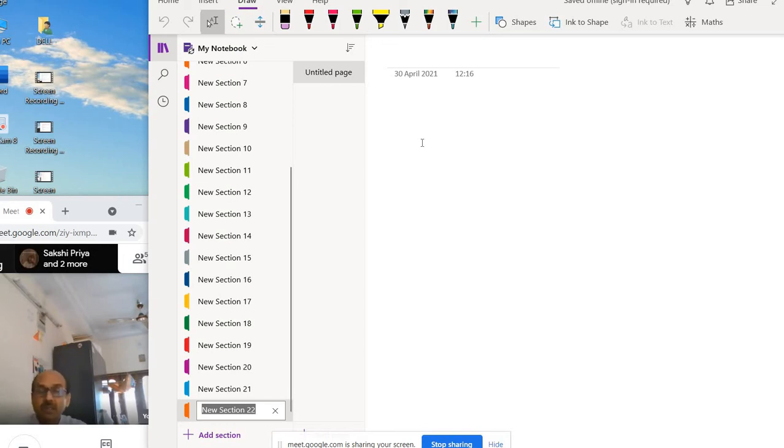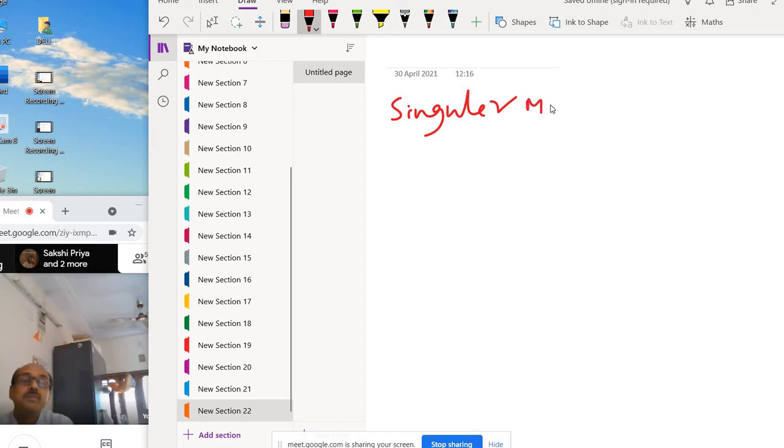What is a singular matrix? A square matrix is said to be singular if its determinant is equal to 0. Let A be any square matrix.